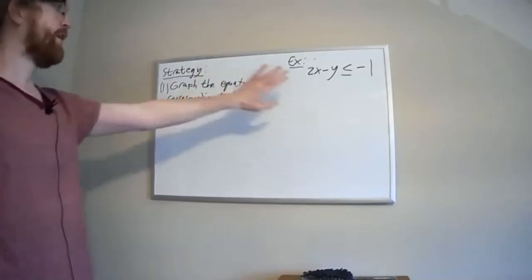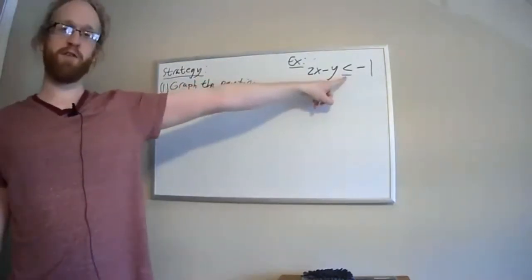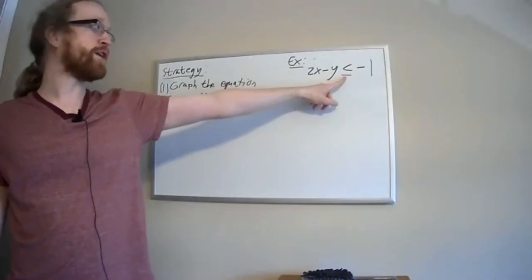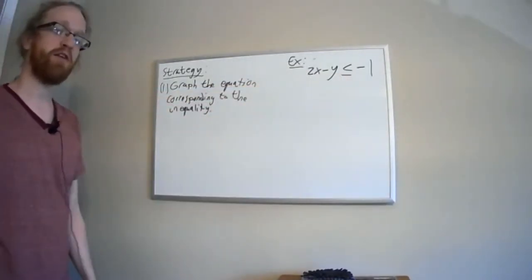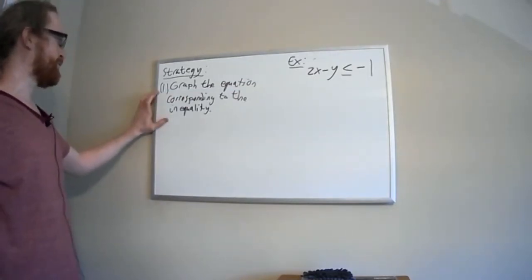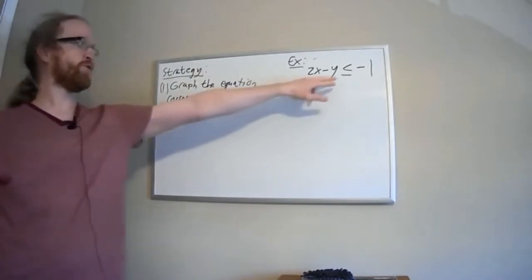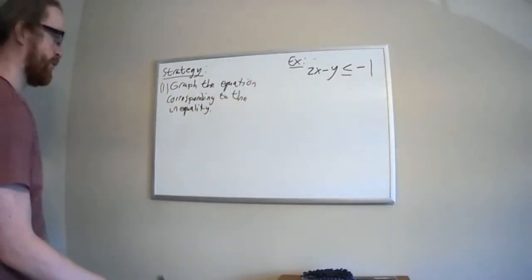This is an inequality with two variables. If I turn this inequality symbol into an equal sign, I get an equation instead. And then it's just a linear equation, which we already know how to graph because we did that in chapter 5. So when I say graph the corresponding equation, I mean turn this into an equal sign and then graph the line that you get. So that's what we're going to do.